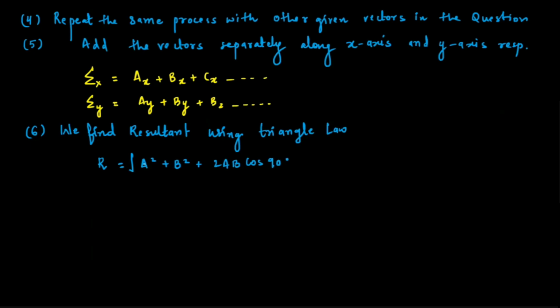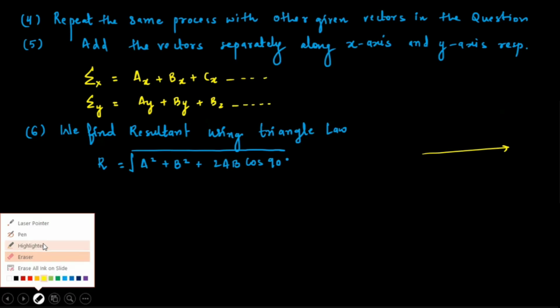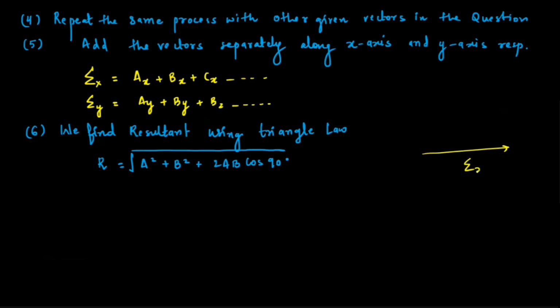Why am I writing 90 here? Because the vectors along x-axis and y-axis will always be at 90. So that's why theta can be taken as 90 degrees here. So here we'll get resultant as square root of a square plus b square, like that.